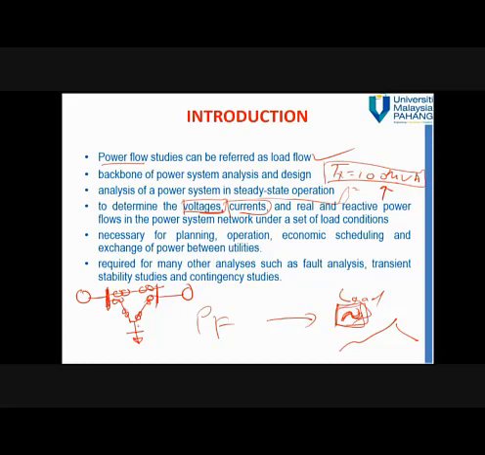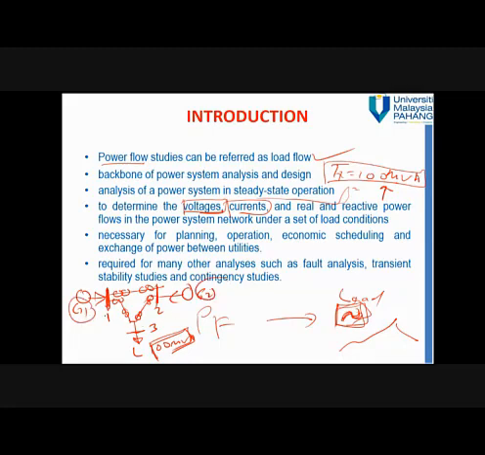This is bus bar 1, bus bar 2, bus bar 3. This load size, let's say 100 MVA. Based on this load, how much power must G1 produce and G2 supply to supply this size of load? Maybe half from generator 1, half from generator 2.